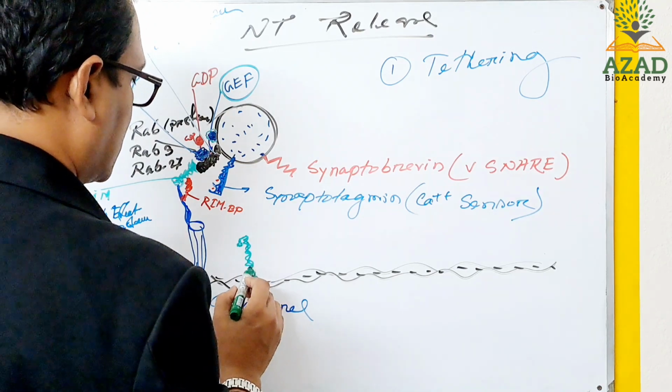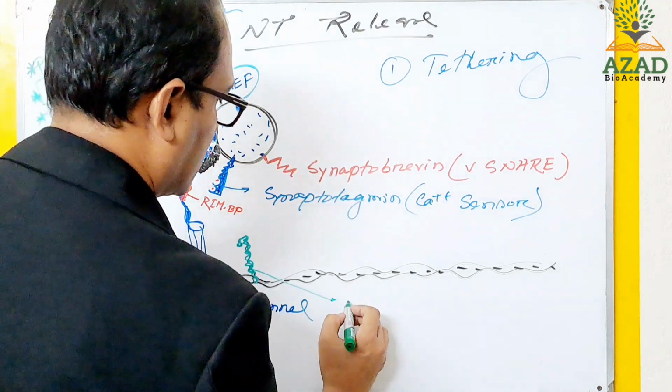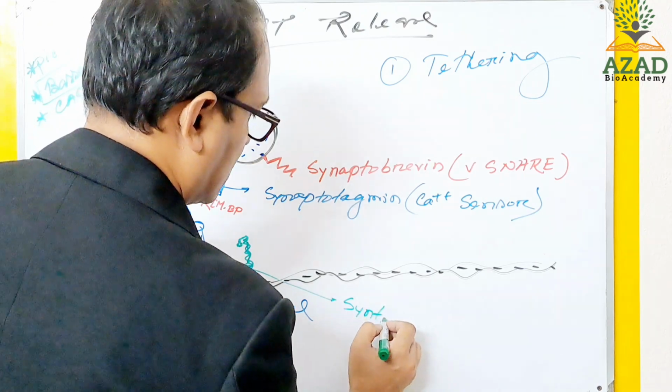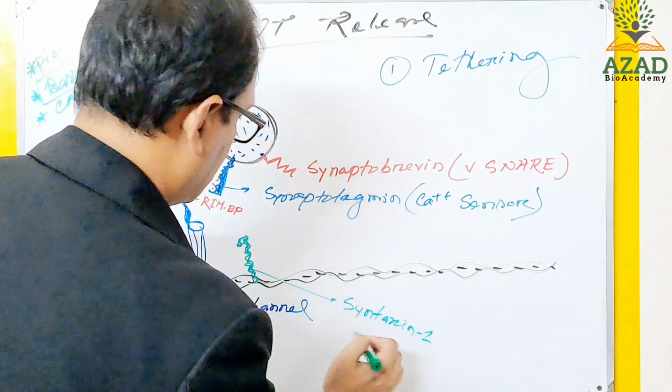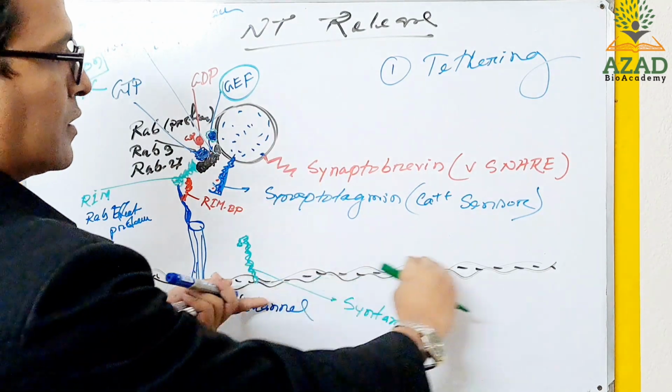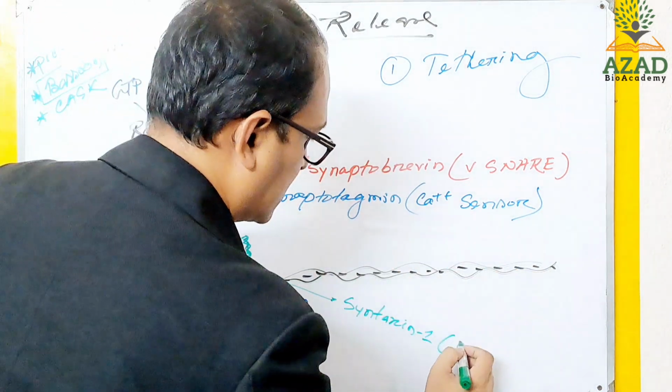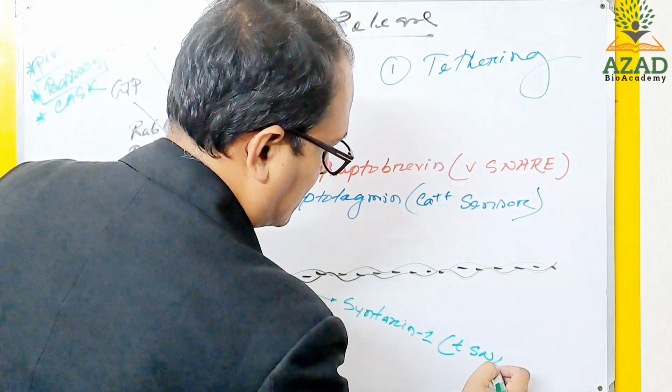And this protein name is syntaxin 1 basically. So this is the target membrane, so you can say this is the T-SNARE.